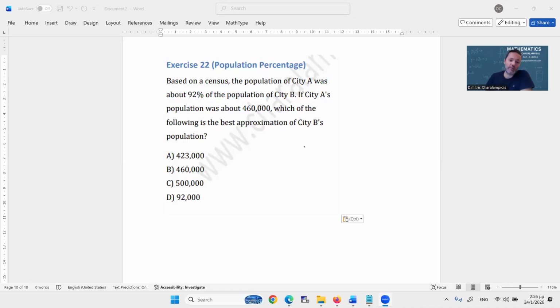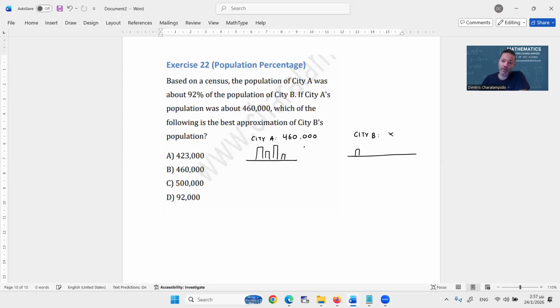Okay, I always like to visualize things, so let's say that this here is city A, and we were told that this city has a population of 460,000 citizens. And we have another city B with a population, since we need to find it, let's call it X. Now, do we know anything that connects these two numbers?